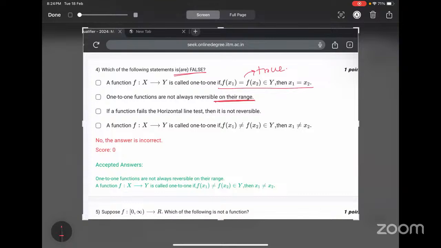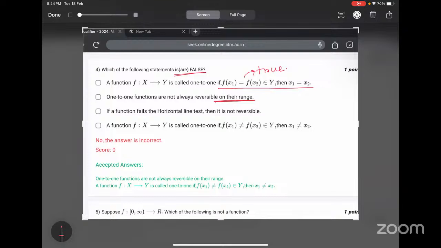That means every function is basically onto on its range, right? Am I clear? One-to-one functions are not always reversible on the range. So if it has to be false, it should say one-to-one functions are always reversible on the range.